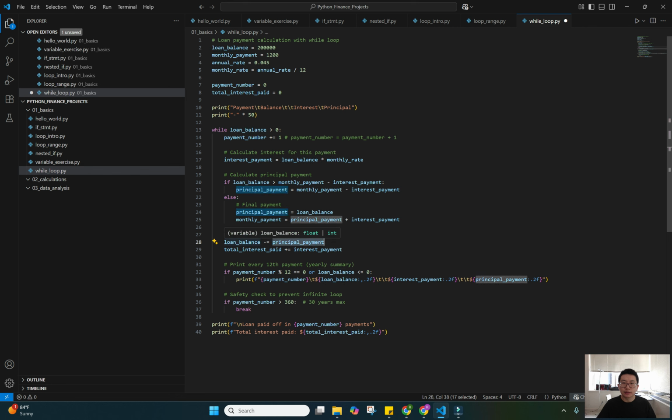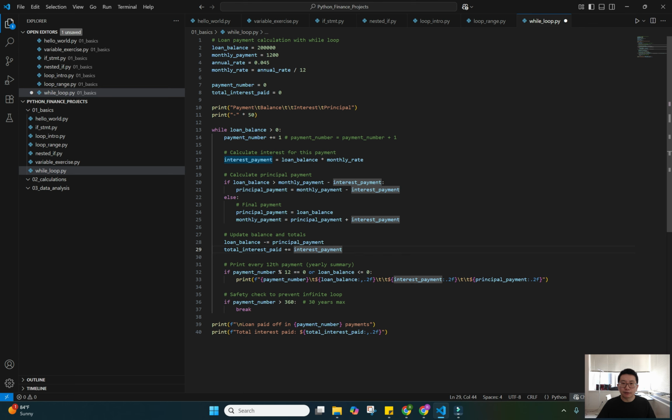And again, this is another recursive formula, and please challenge yourself and write out what this recursive formula means, just like the one I did here. Then the same thing, the total interest paid is plus equals interest payment. And what does this recursive formula mean?